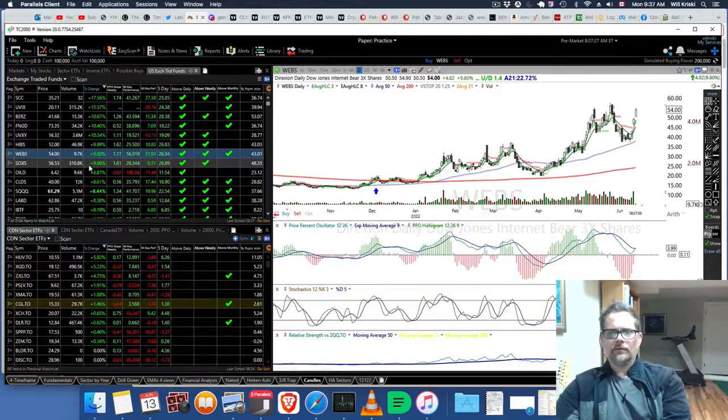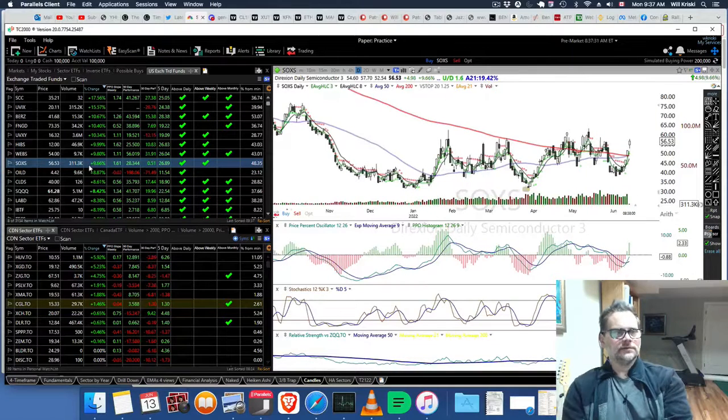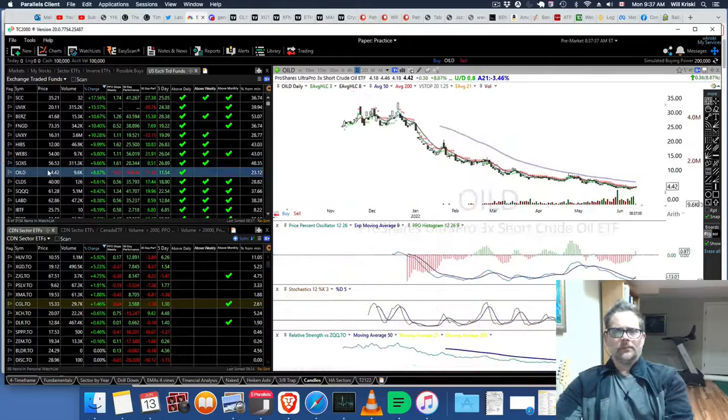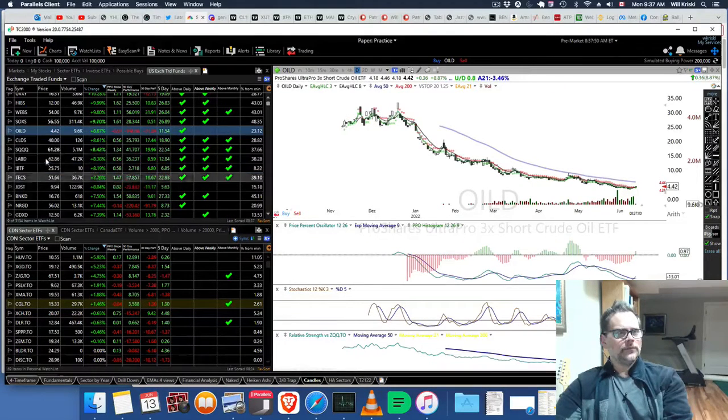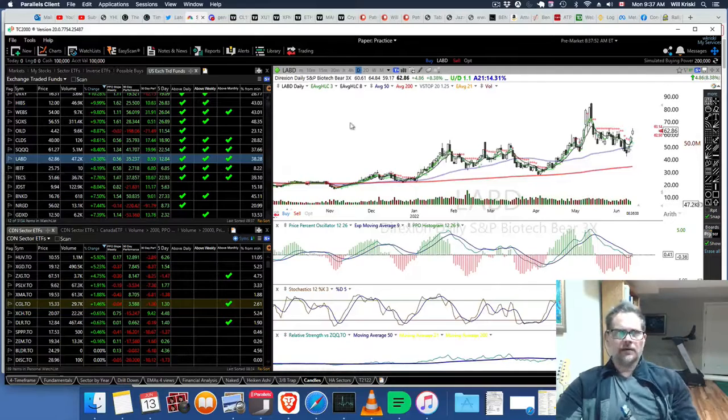There's the web internet 3x bear. These are hugely risky, obviously. Semiconductor SOXS. There's shorting crude oil, which is pretty high right now. At some point, if it's not going to do it now, it's going to turn around, especially if there's any kind of recession. And LABD, which is the biotech.